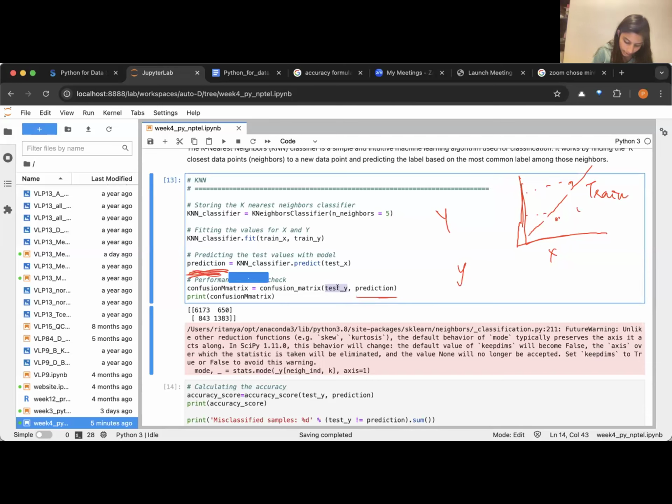And then your actual Y values were stored in test Y. So now you compare your predicted Y and your actual Y. This is basically model performance evaluation.